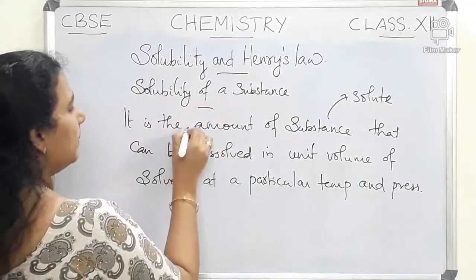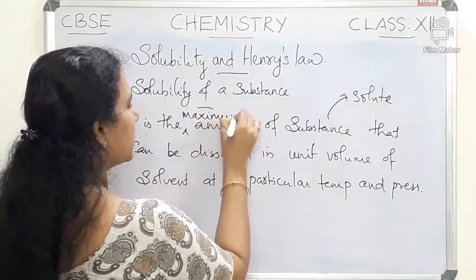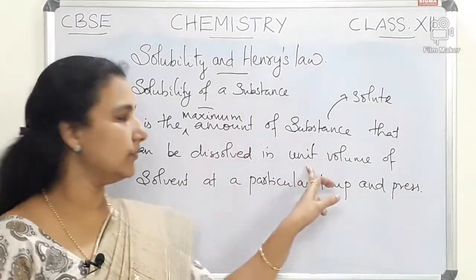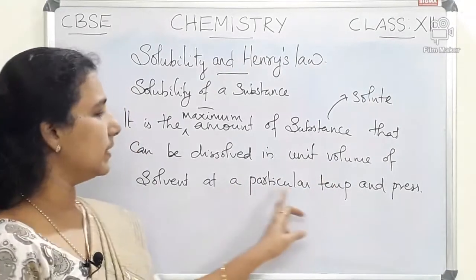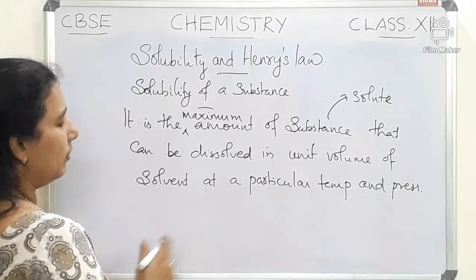It is the maximum amount of substance that can be dissolved in unit volume of the solvent at a particular temperature and pressure. That is called the solubility of a substance.